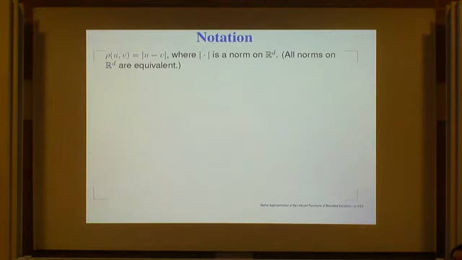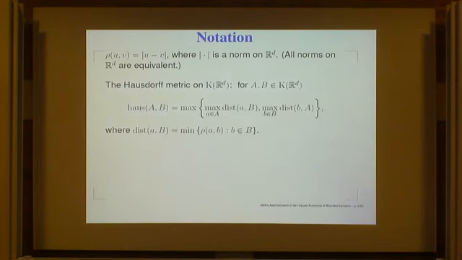A couple of boring slides with notations. We work in R^d, and we consider a norm in R^d. Doesn't matter which. I remind you that all norms are equivalent. That's why in the constructions the constants may depend a little bit on it, but basically it's all the same. And the distance between the points in R^d is just the norm of the difference. And how do we measure the distance between two sets? This is also a known construction, the Hausdorff distance, which is defined like this. My sets are all compact, that's why it's always minimum and maximum, not infimum and supremum.